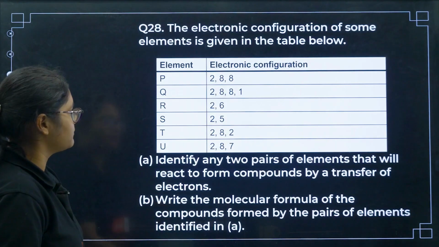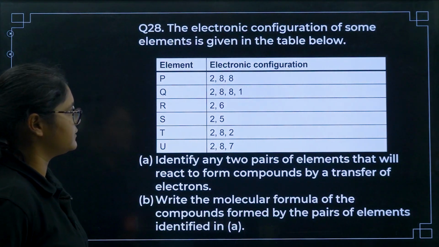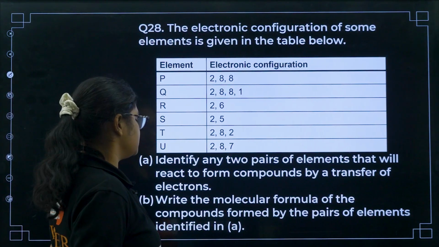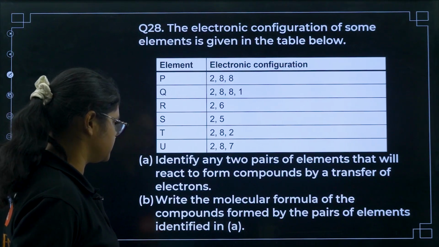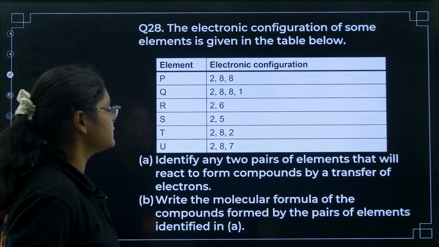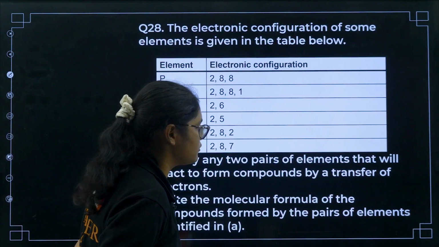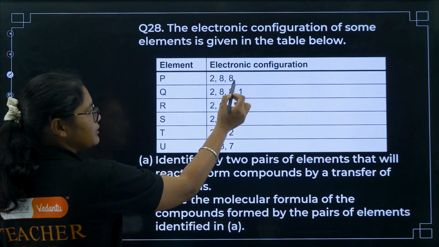Next, moving to 3 marker question. The electronic configuration of some elements is given in the table given below. Identify any 2 pairs of elements that will react to form compounds by the transfer of electrons. So you can see here, this is already having octet rule, right?